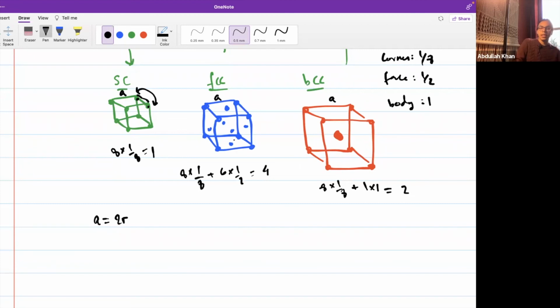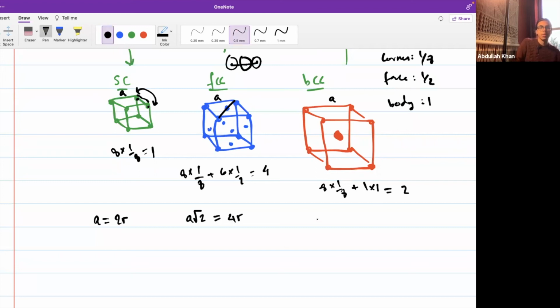In FCC, atoms touch along the face diagonal. Face diagonal, that's 2-dimensional, right? That's A square root of 2. And you have an atom touching an atom touching an atom. So let's see how many radii it takes to go from there to there. 1, 2, 3, 4.